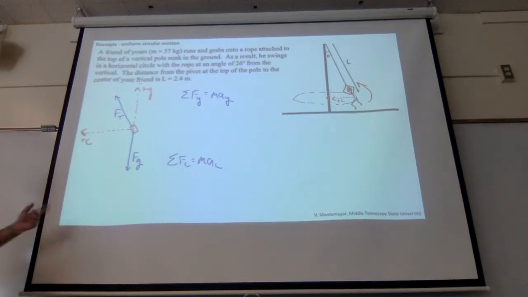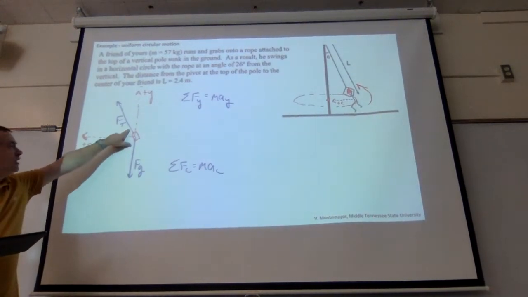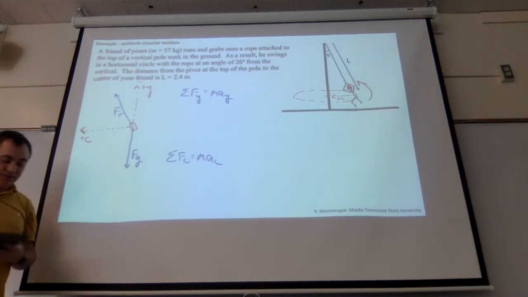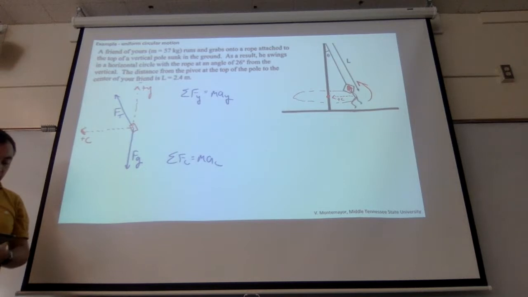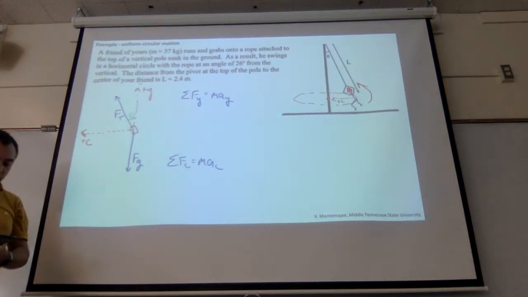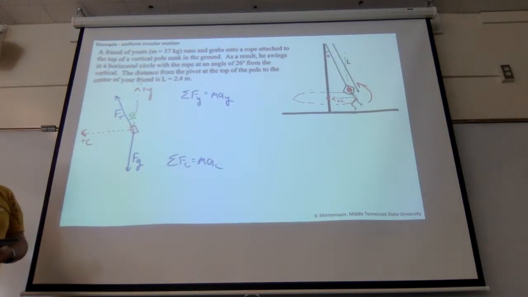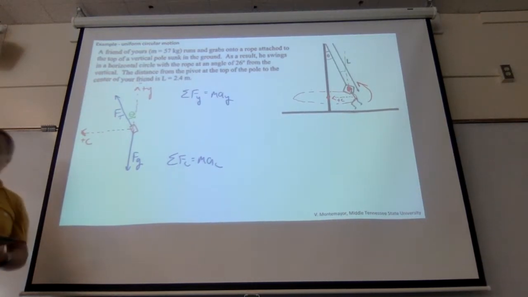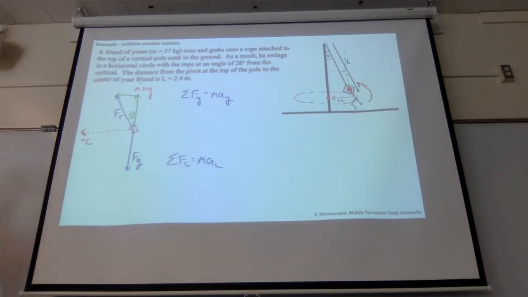Already looking at this diagram, we can see that one of them is in the y direction, one of them is in between directions, which means I need to break it into components, which is everyone's favorite thing to do. This is going to be angle theta, because if you look over at the diagram and imagine a straight up line, theta's there and there, alternate interior angles, which means I can write a component that goes straight up and a component that goes straight left.